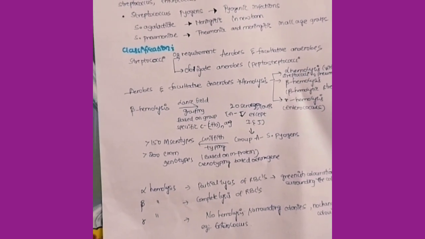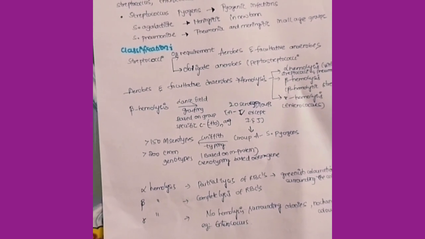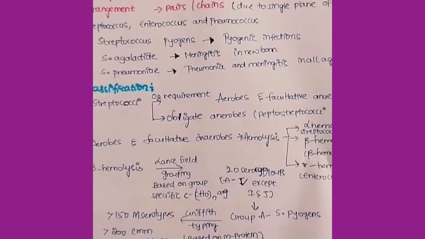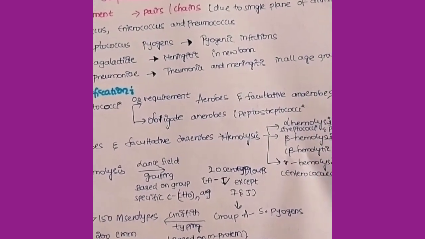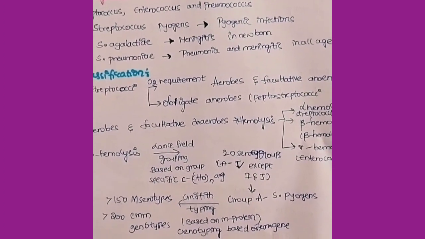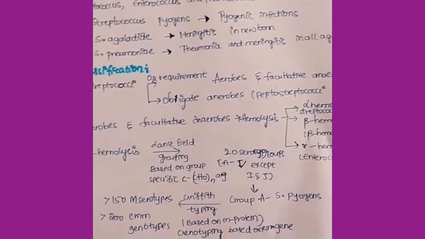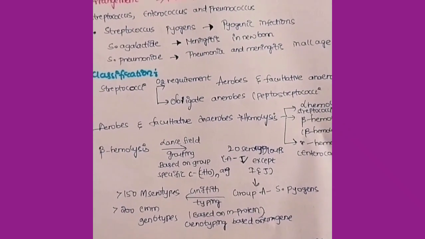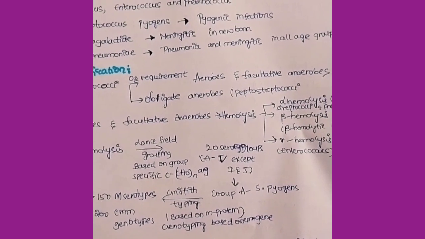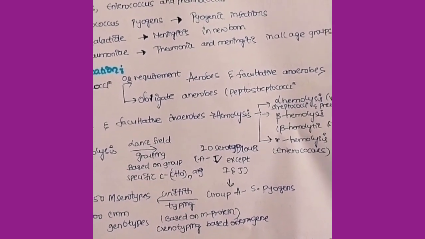Coming to classification based on oxygen requirements, streptococci are divided into aerobes and facultative anaerobes, and obligate anaerobes, which can't live in the presence of oxygen. Based on hemolysis, aerobes and facultative anaerobes are divided into alpha, beta, and gamma hemolytic streptococci.